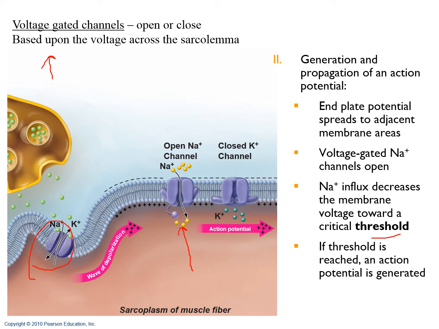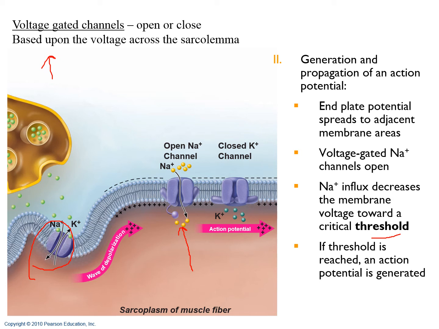Now, once these voltage-gated sodium channels are open, that means that sodium can flow across the membrane down its concentration gradient. So you know what that means. Sodium is going to flow from outside of the cell to inside. This makes this part of the membrane a bit more positive.